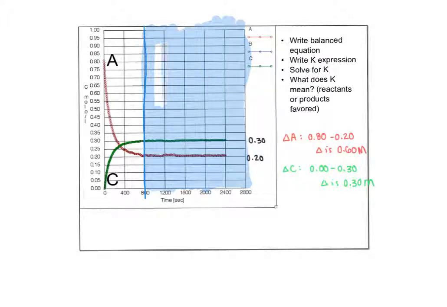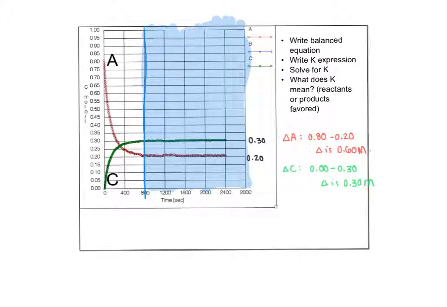And then I did a little work for us ahead of time. So here's what I did. I looked at the change in A. So A started at a concentration of 0.8 molar and it ended at 0.2. So that means the change was 0.6 molar. I did the same for C. C is being produced. It started at 0 and it ended at 0.3. So the change for C was 0.3 molar.